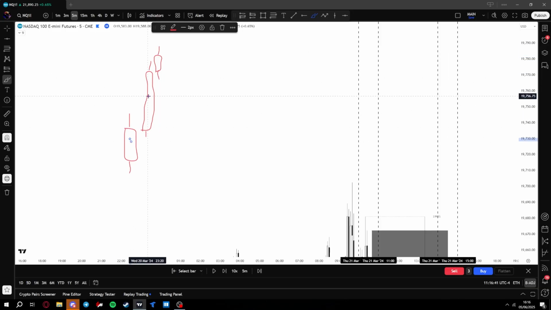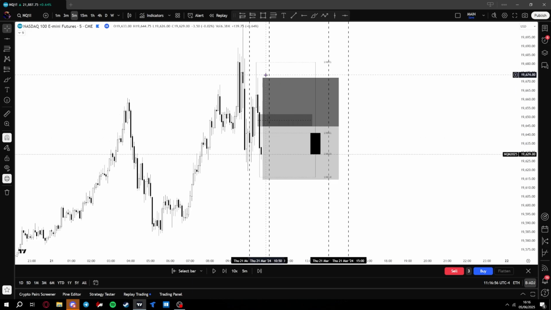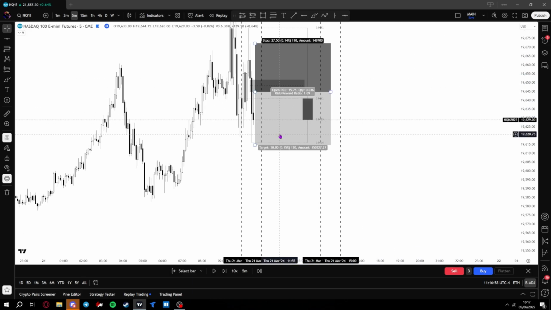We have candle 1, 2, and 3. That's a really bad drawing, but you know what I mean. So you put the stop above the first candle, and we'll target 1 to 2.